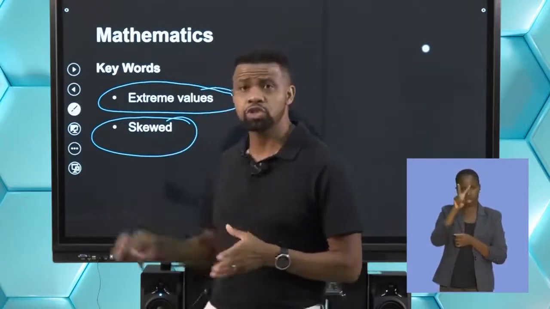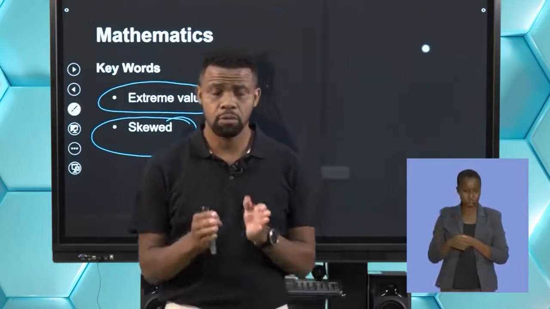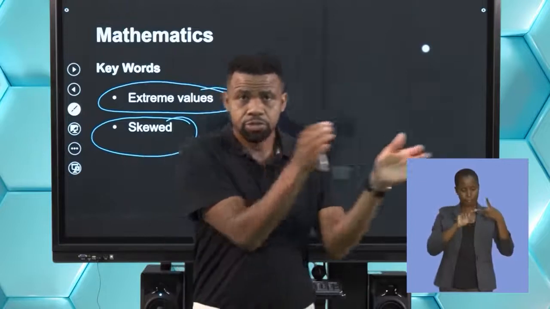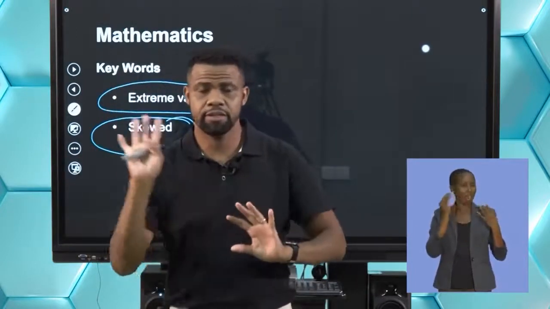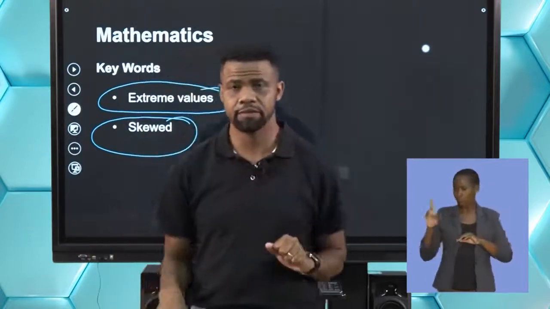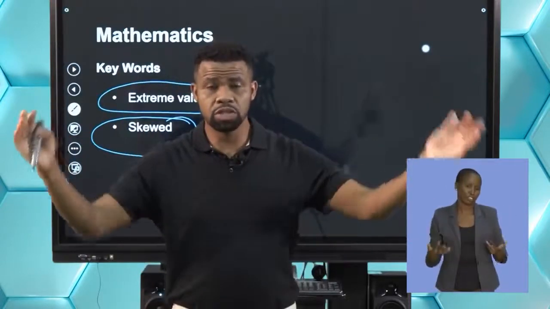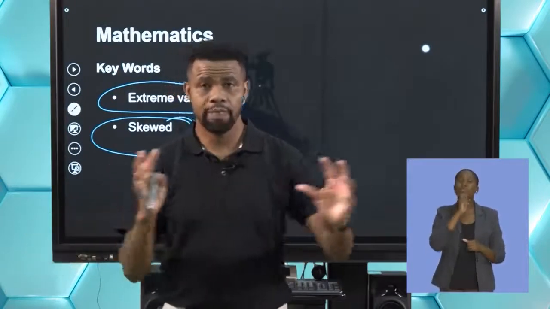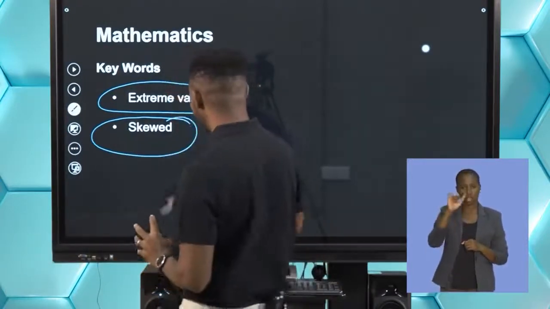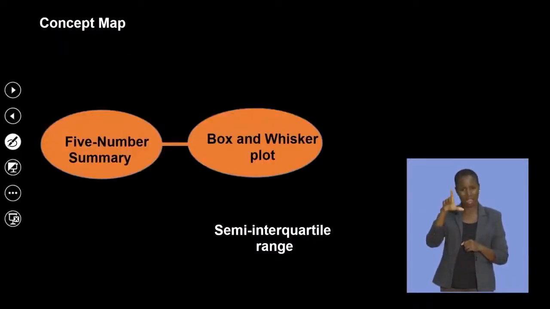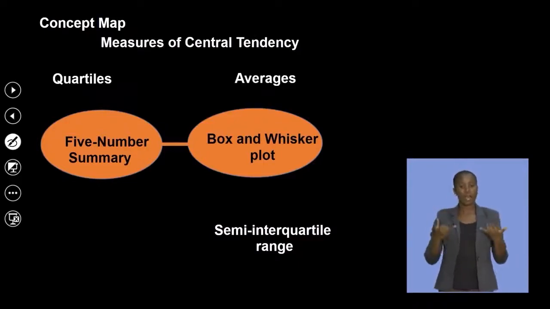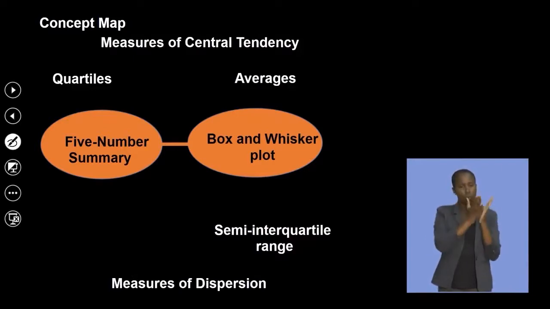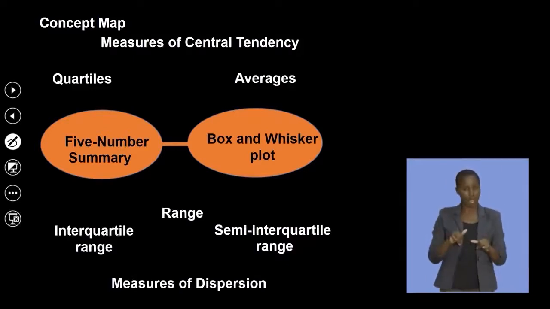When we talk about skew, we talk about whether your data is to the left, to the right, or symmetric. But we'll use the whisker plot to explore that. Then this is our measures of dispersion: range and interquartile range.